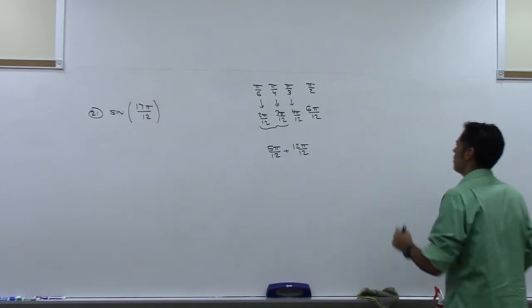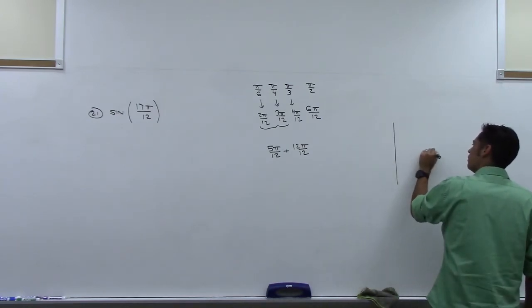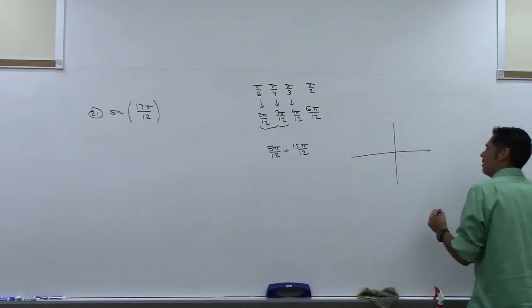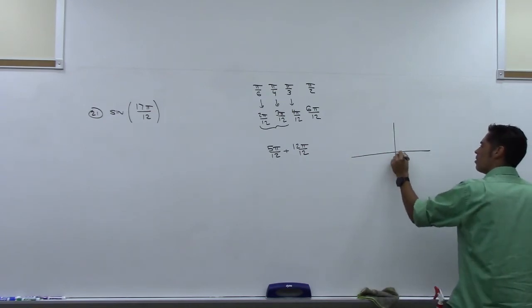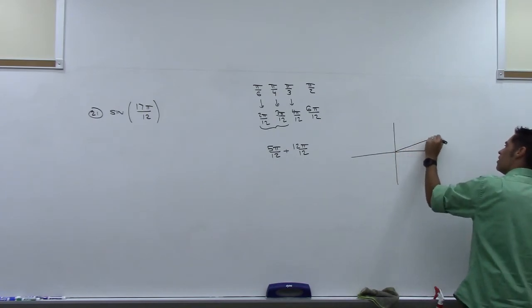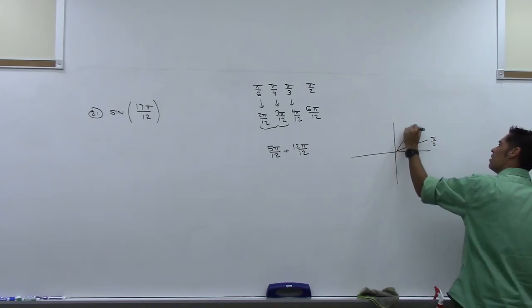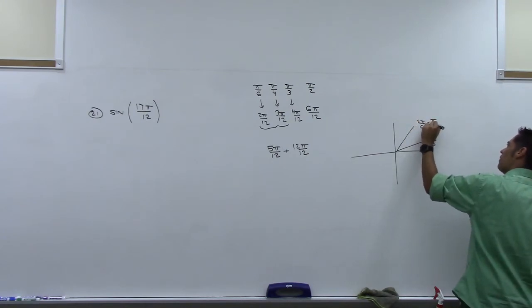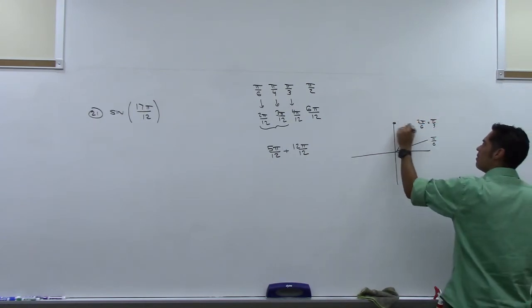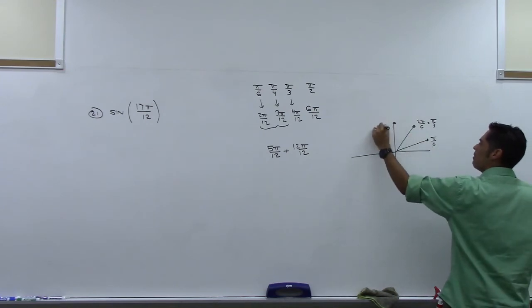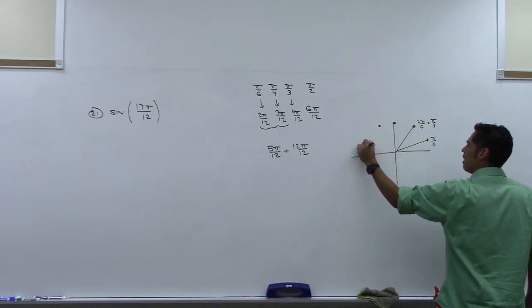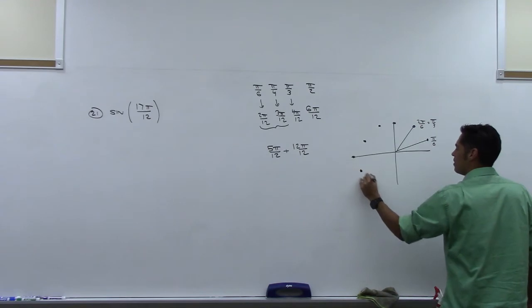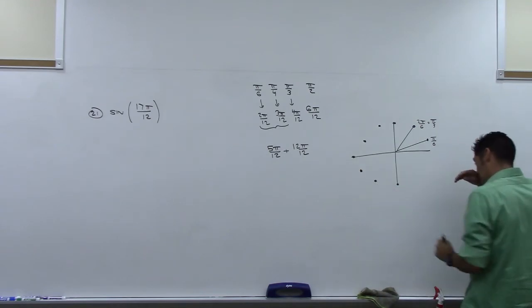Here, let me try this a different way. This might help. When we cut our circle into pi over 6, this was 1 pi over 6. Next one was 2 pi over 6, which was really pi over 3. And then 3 pi over 6, 4 pi over 6, 5 pi over 6, 6 pi over 6, 7 pi over 6, 8 pi over 6, 9 pi over 6, right?